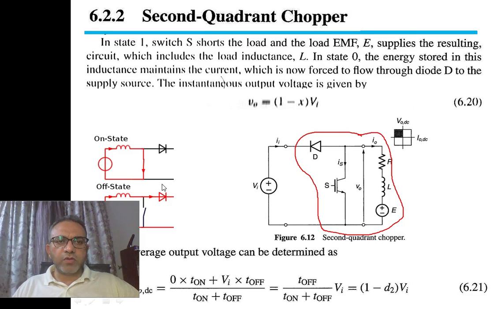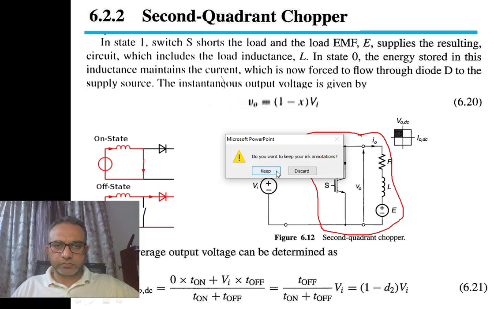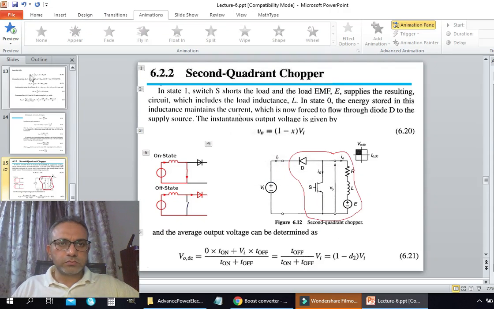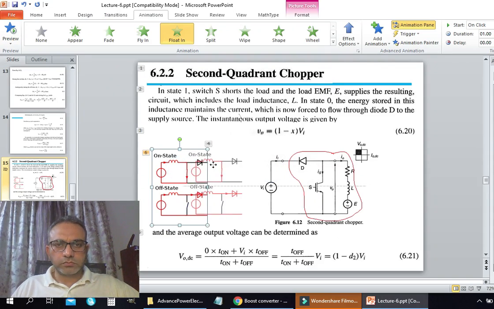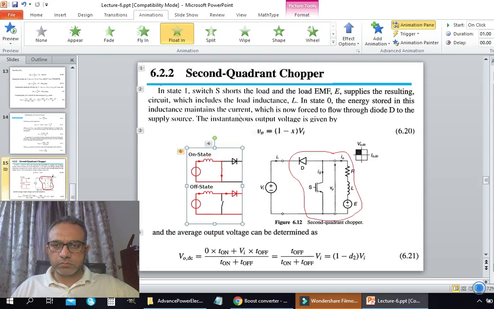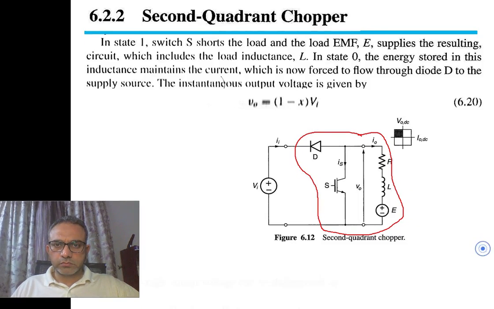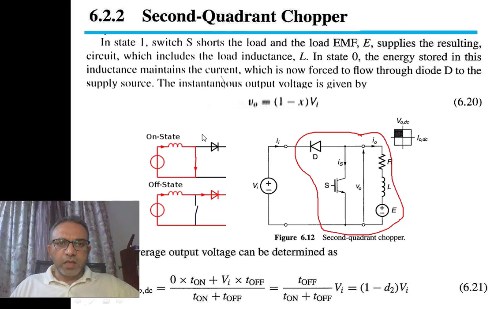This is the diagram of your normal DC-DC boost converter. It has only one switch, on and off.